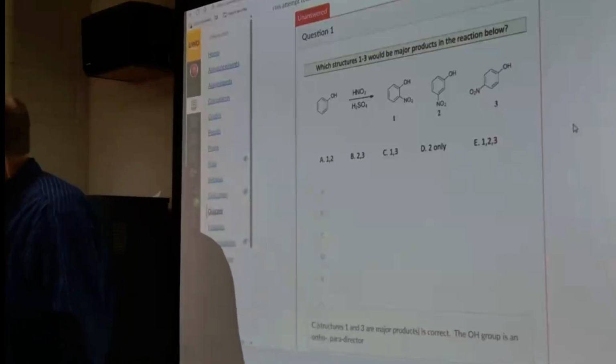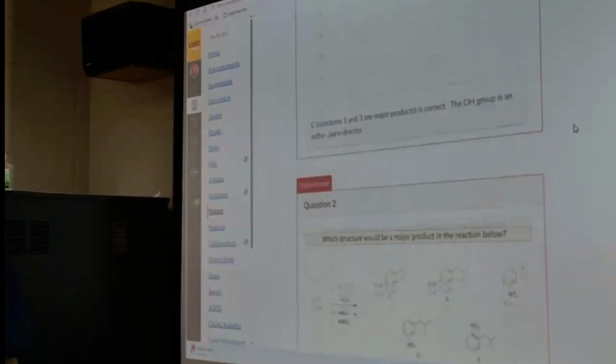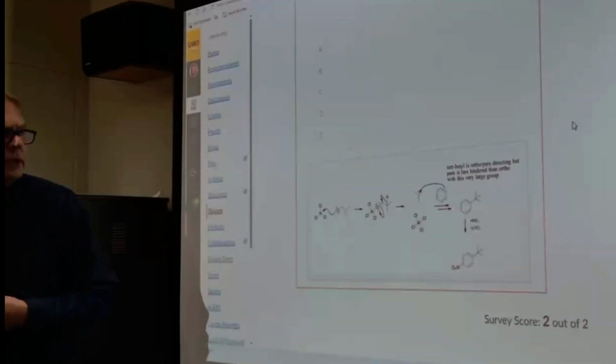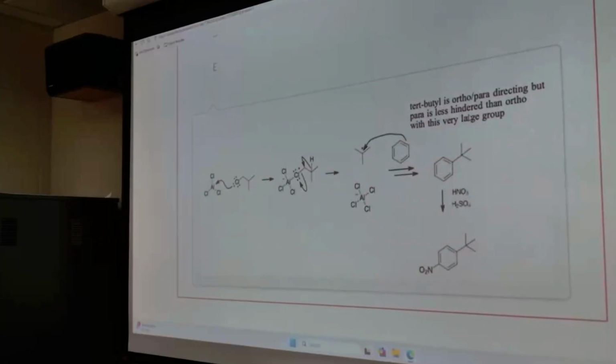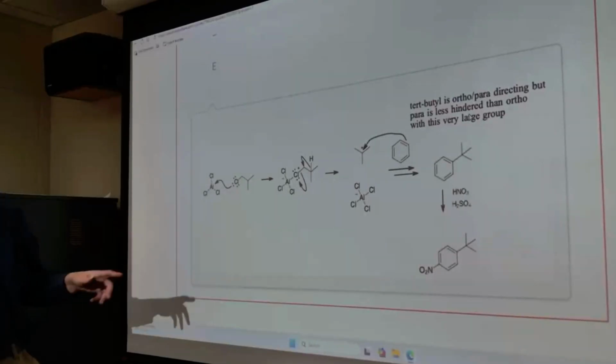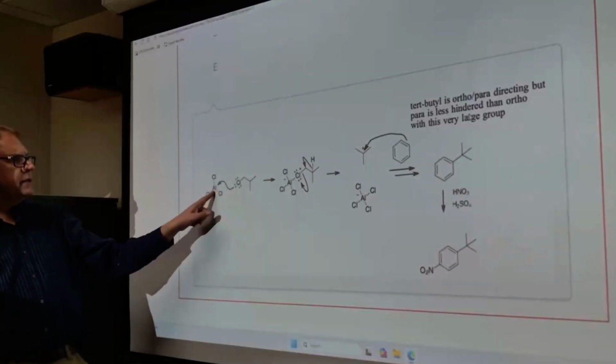And then for the second of these questions, the solution goes through a little mechanism here, and I'm going to try to make this a bit bigger and discuss what happens. So the alkyl chloride binds to the aluminum chloride.